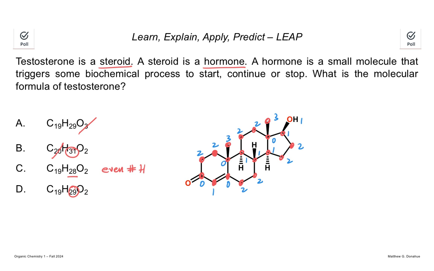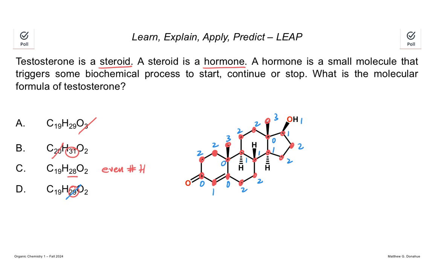So if we add those, we get 2, 4, 5, 6, 7, 8, 9, 10, 11, 12, 13, 14, 15, 16, 17, 18, 19, 20, 21, 22, 23, 24, 25, 26, 27, 28. So that's going to eliminate D, and we end up with H28.